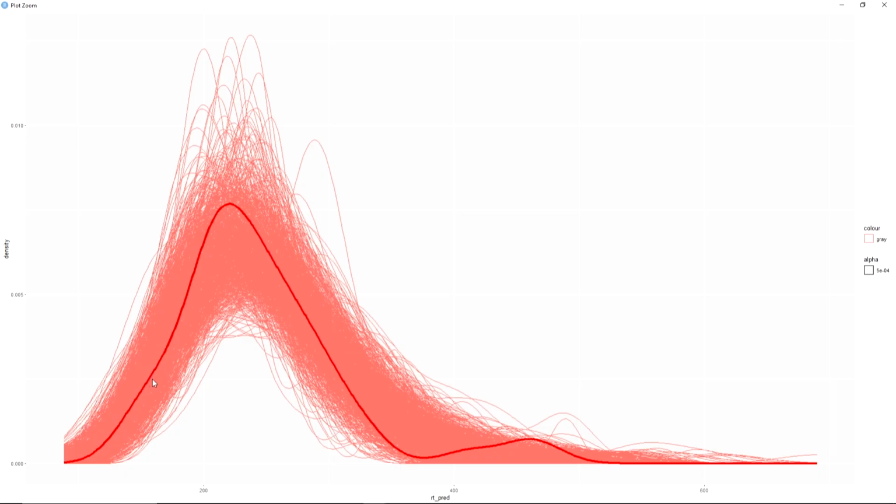See, so all these light red lines are the lines which are indicating each posterior predictive sample. Okay, so each of these light red lines are indicating posterior predictive sample, and this dark red line is indicating the observed data.